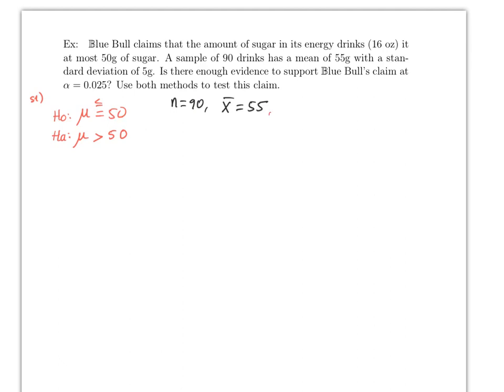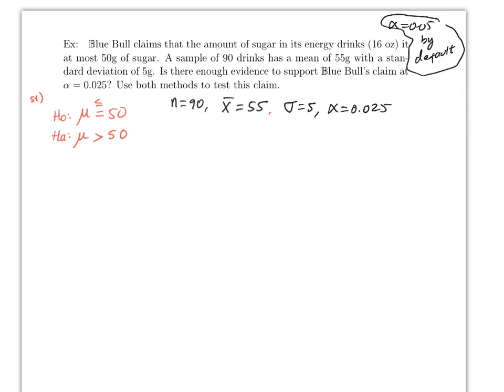You also have the following information, that the standard deviation is 5 and the alpha is 0.025. Alpha always has to be given, and if it's not given, then alpha is equal to 0.05 by default. So if it is not given, just use 0.05.